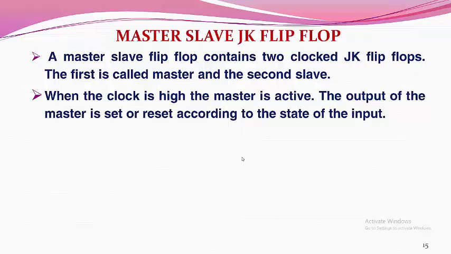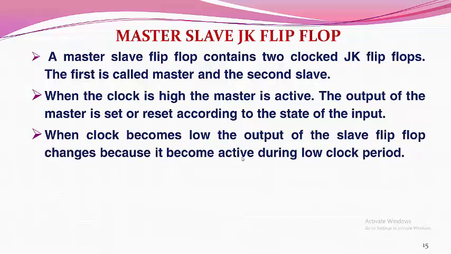Meaning we can apply the clock pulse in high or low position, but when the clock is at high position then the master circuitry will be in the active position, and whichever input is applied, we get the master output in set or reset condition.